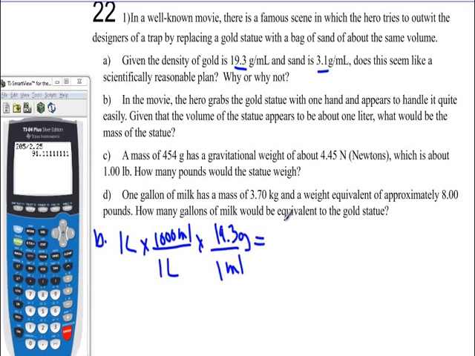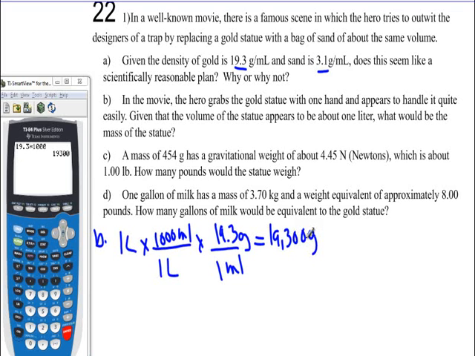And if I multiply that out, I'm going to get 19.3 times 1,000, and I get 19,300 grams. Okay, so that's part B.